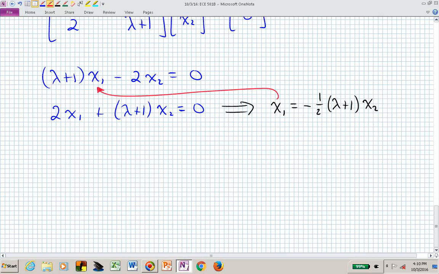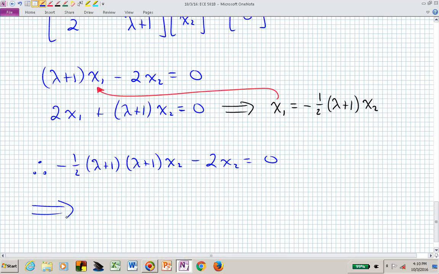But we're not treating it as an unknown just yet. So that now we have minus 1/2 lambda plus 1 times lambda plus 1 x sub 2, replacing x1 with what we just found, then minus 2x sub 2 is equal to 0.